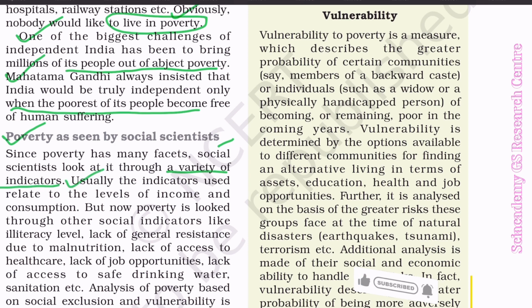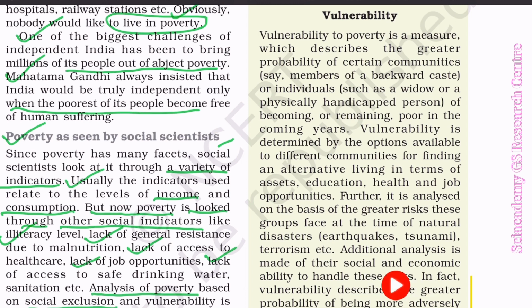Usually, the indicators used relate to the levels of income and consumption, but now poverty is looked at through other social indicators like illiteracy level, lack of general resistance due to malnutrition, lack of access to health care, lack of job opportunities, lack of access to safe drinking water, sanitation, etc. Analysis of poverty based on social exclusion and vulnerability is now becoming very common. See box.